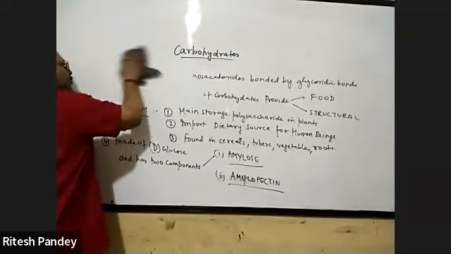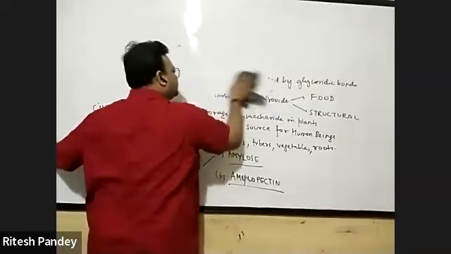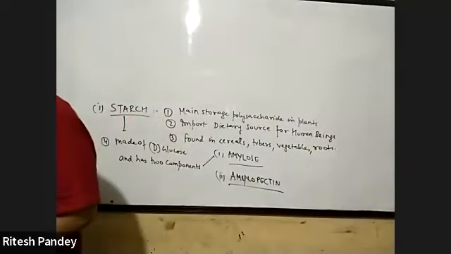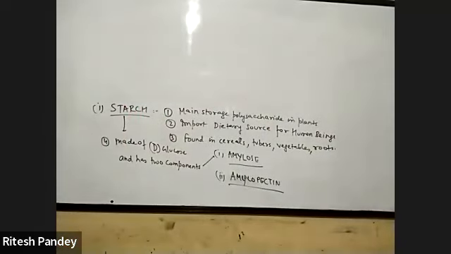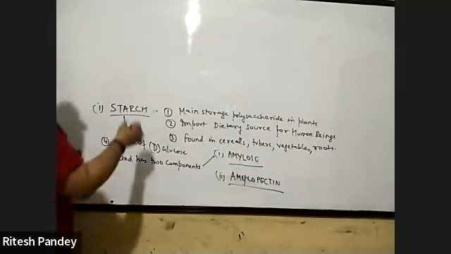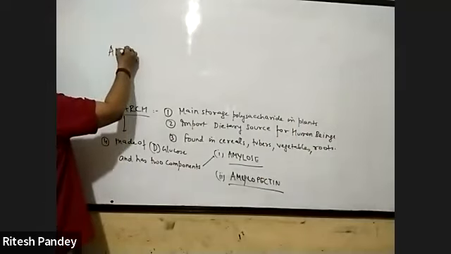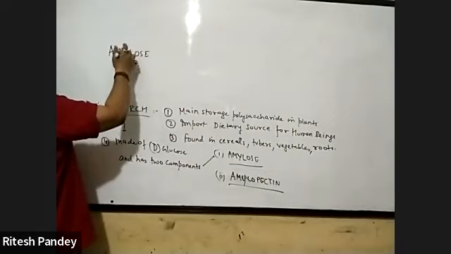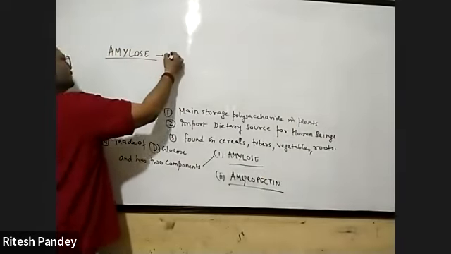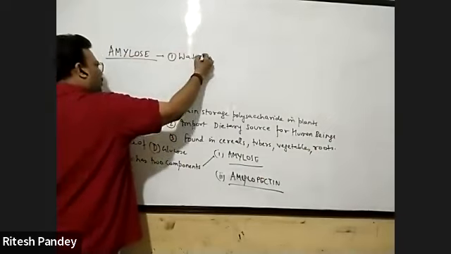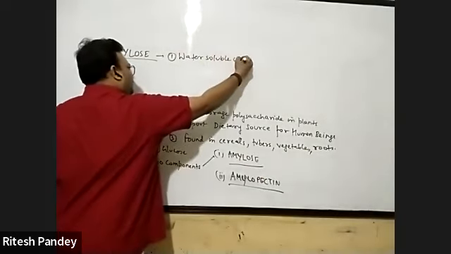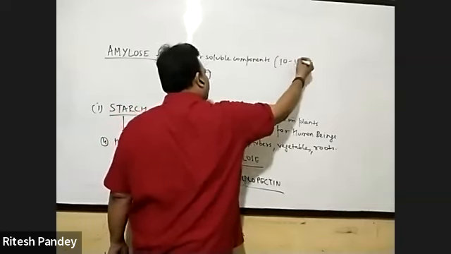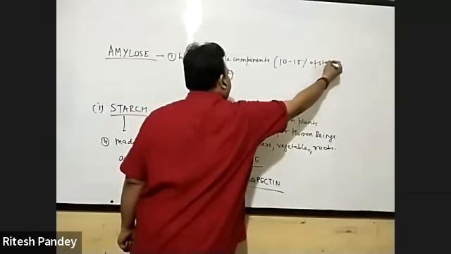So if I begin with amylose, it's the water soluble component which accounts for 10 to 15% of starch.